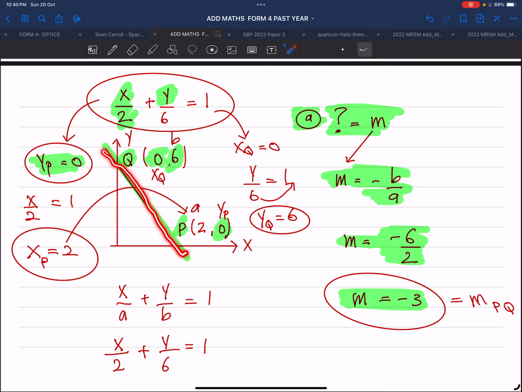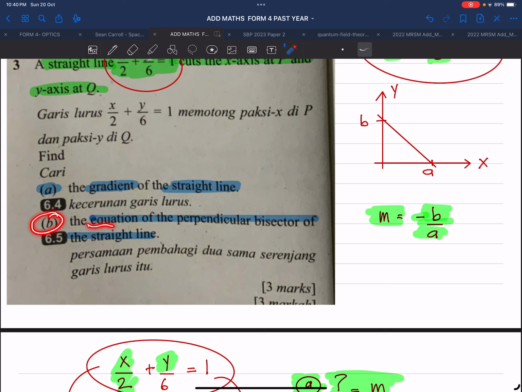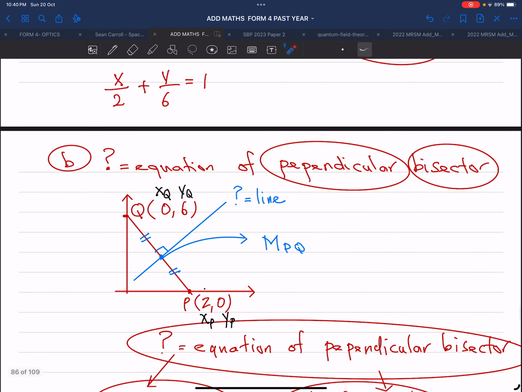We look at the second part. What is the question asking? Find the equation of the perpendicular bisector of the straight line. So this part B over here, I've written part B. Find equation of the perpendicular bisector. Again, I have drawn back the graph, which here is the y-axis, x-axis.